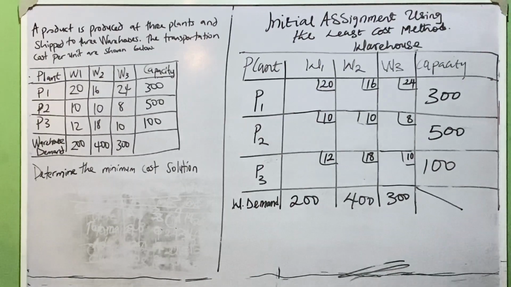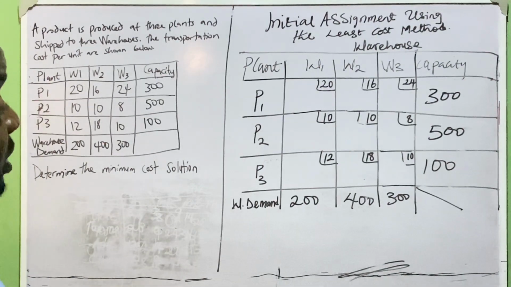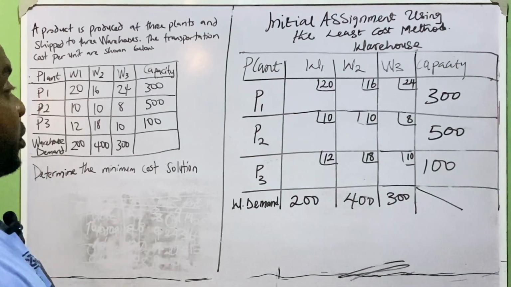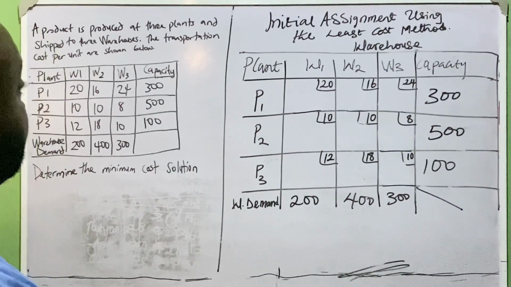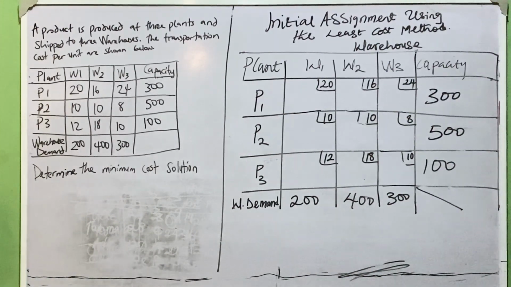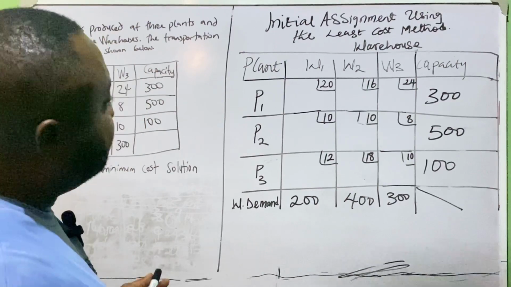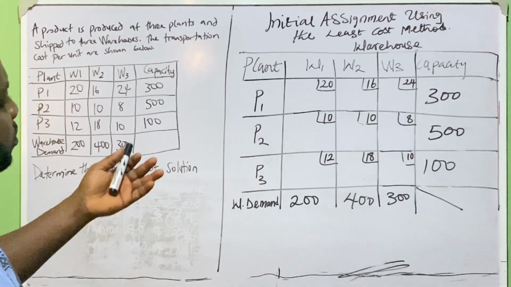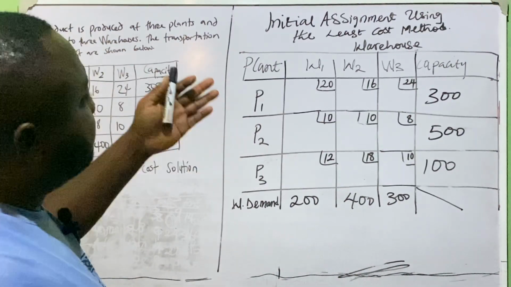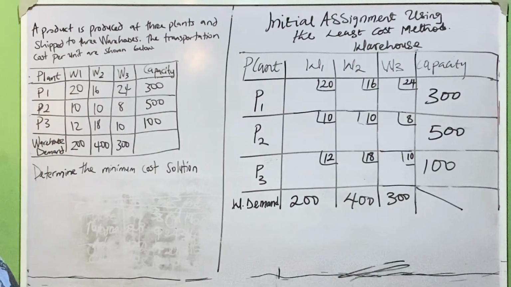We have about three major methods of making initial assignments: the least cost method, the northwest corner method, and of course Vogel's approximation method. So we want to demonstrate how to use the least cost method to make initial assignment. And just like the name sounds and implies, what it says is start from the least cost.